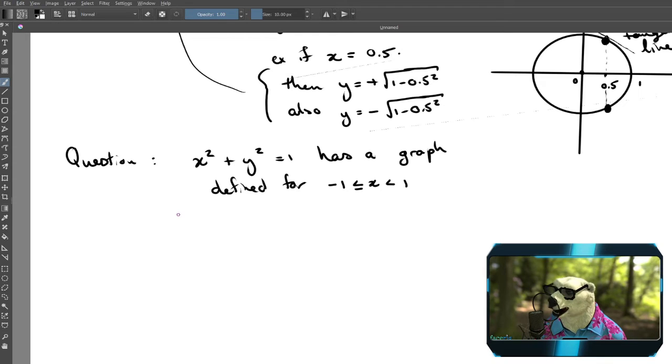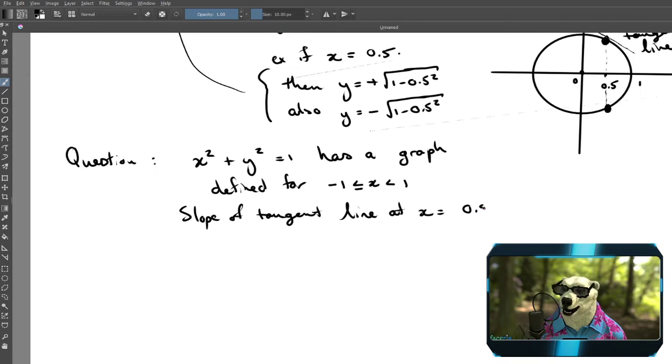So we could then ask, what is the slope of the tangent line at x equal to 0.5? There's a graph. There's a point on the graph. It's up here. There's a tangent line, so the slope question, which means the derivative question, is still a valid one.